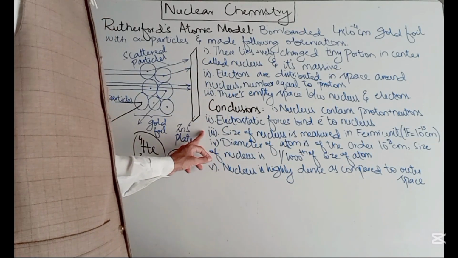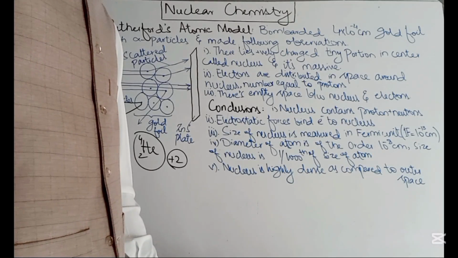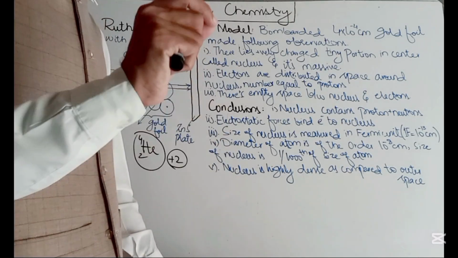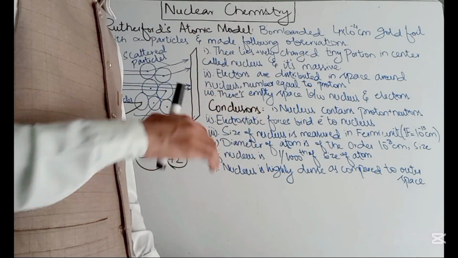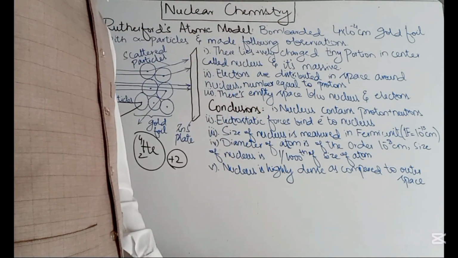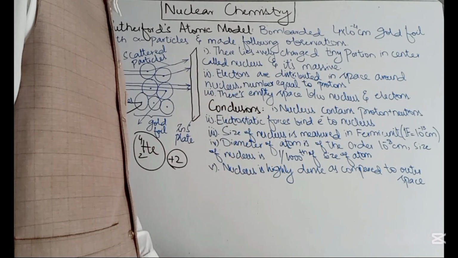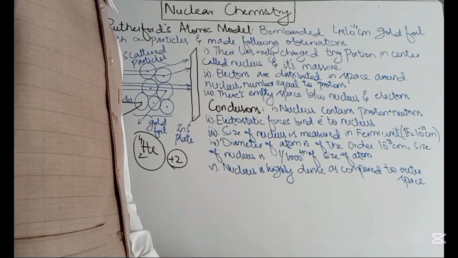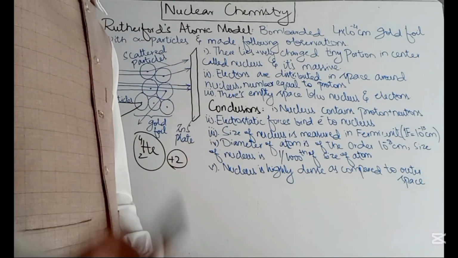The third one is that the size of the nucleus is measured in Fermi units. He said that the nucleus is a very small portion as compared to the rest of the atom, and its size is measured in the Fermi unit, and 1 Fermi is equal to 10^-13 centimeter. That's a very small factor.